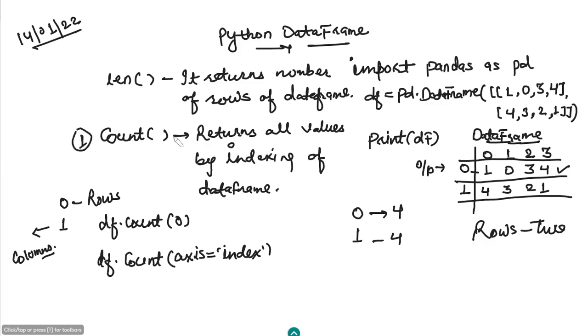These three functions are the same, and you will get the same output. We will apply all these functions practically, and I'll show you how it works. Is it clear? Yes. Okay.